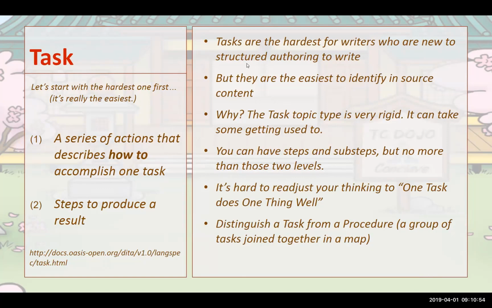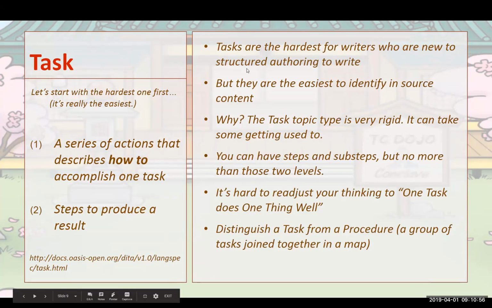I see a question. Steps and sub-steps are the only task levels. What about step section? Step section is a divider, not a sub-step. So hopefully that will answer. You still only have 2 levels of steps. Step section is simply a grouper, a divider. Depending on what publishing tool you're using, how it is interpreted farther down is a different thing.